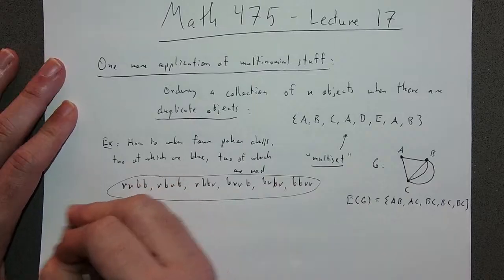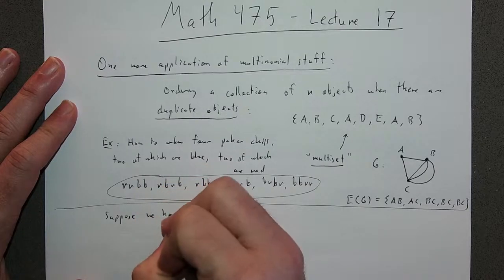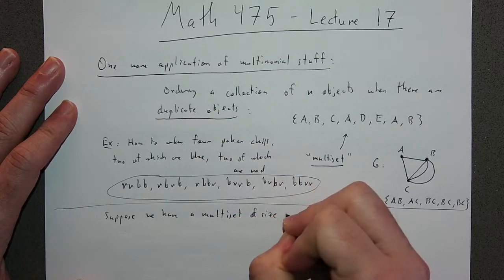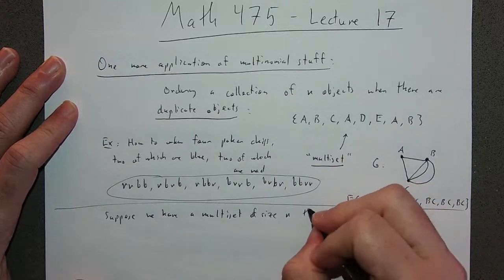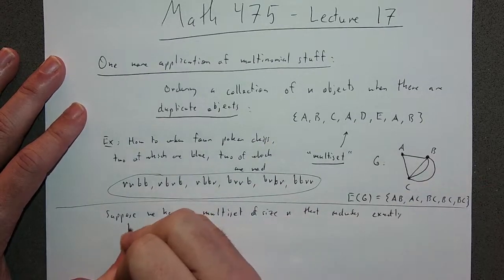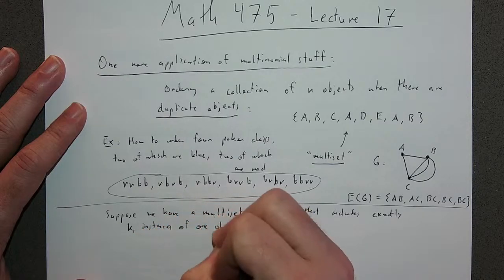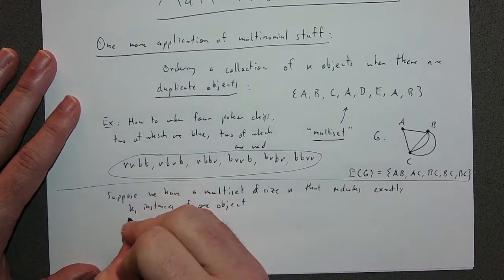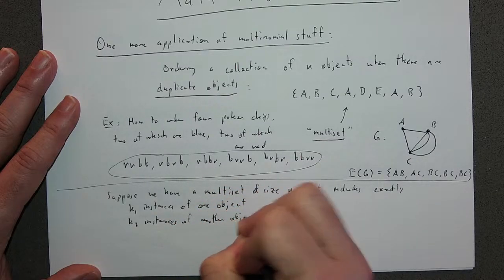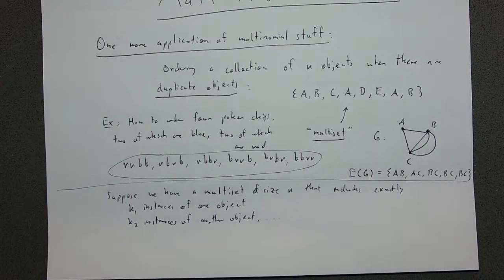Okay, so suppose we have a multiset of size n that includes exactly k sub 1 instances of one object, k sub 2 instances of another object, and so on, ending with k sub m duplicates of the last object.